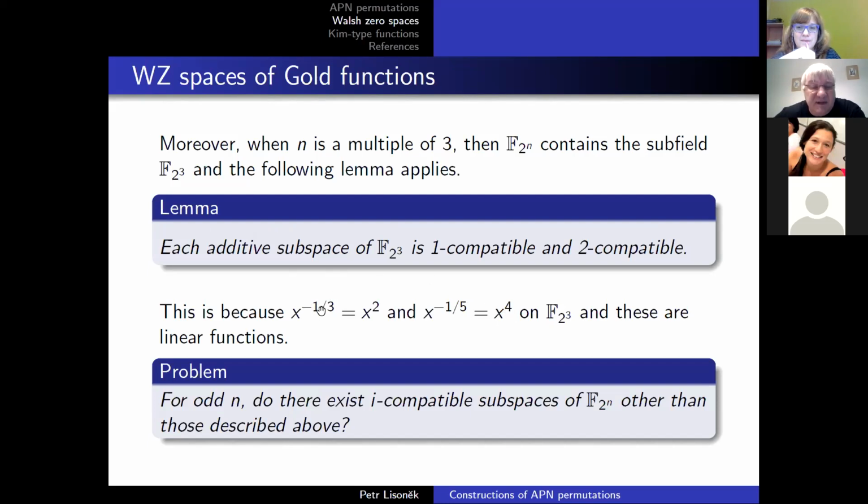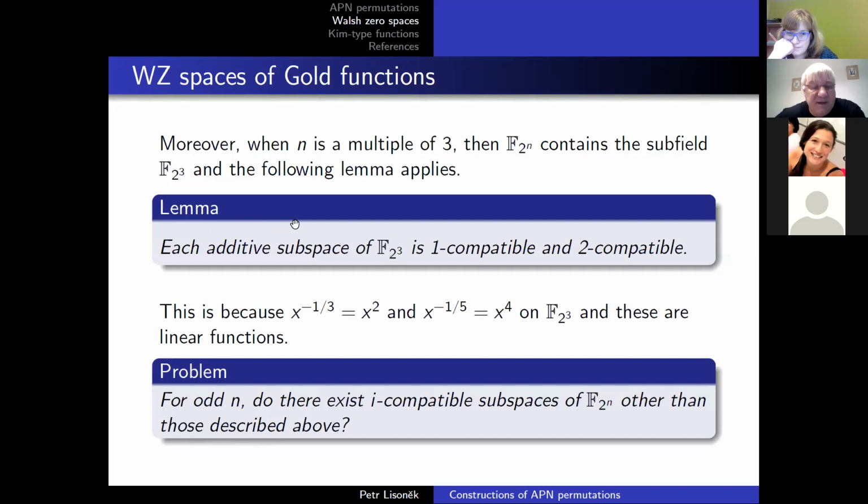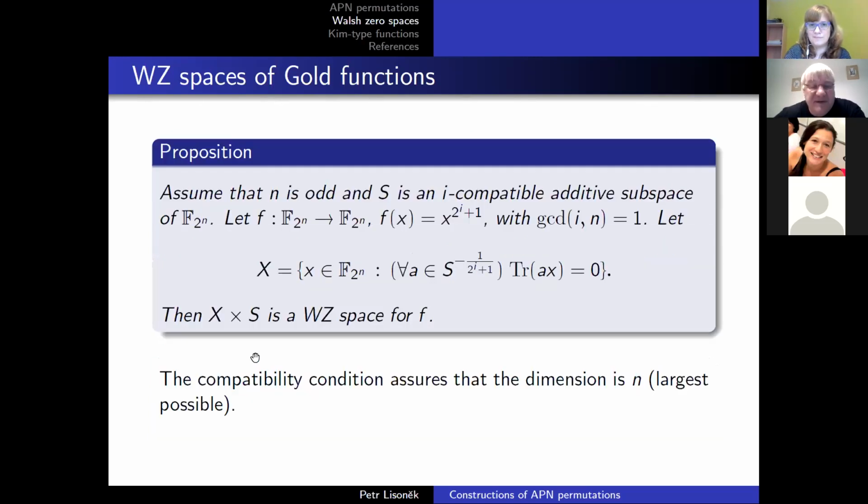These are linear functions, and therefore I do get a vector space after doing the powering. Now, we don't know any other examples at this point. So an interesting problem we'd like to propose is whether there exist any other I-compatible subspaces of F2 to the n, because we have a construction based on these I-compatible subspaces.